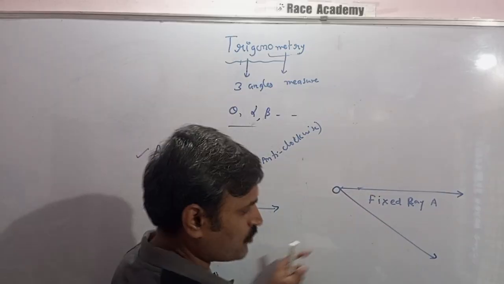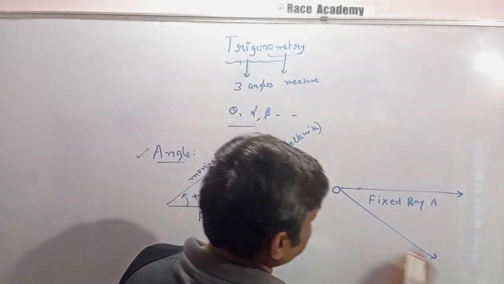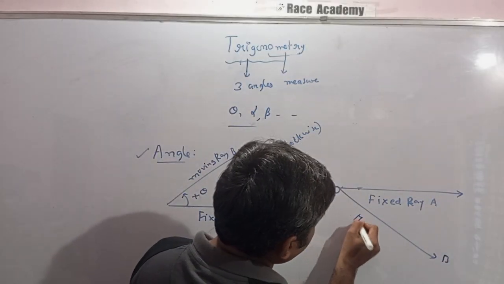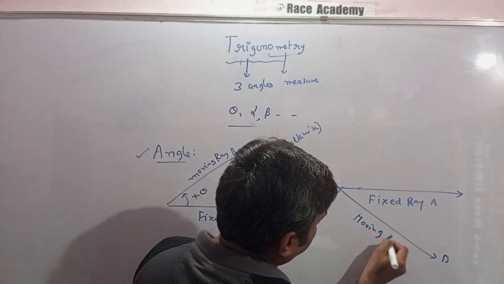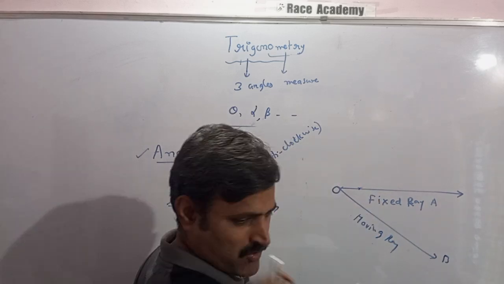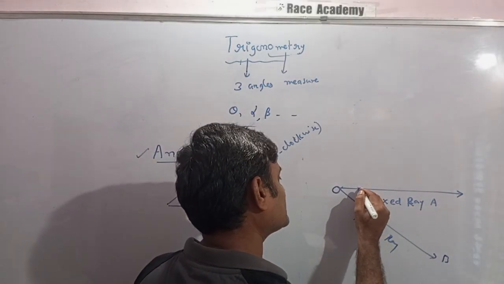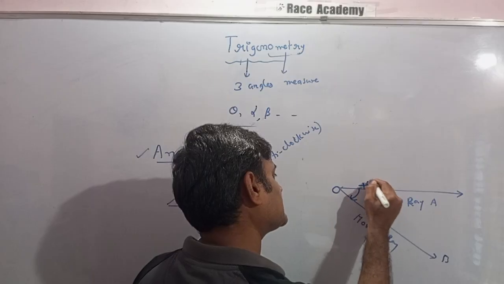This is what we call the moving ray or terminating ray. This is B, the moving ray. Then what is this angle? This angle is plus theta.